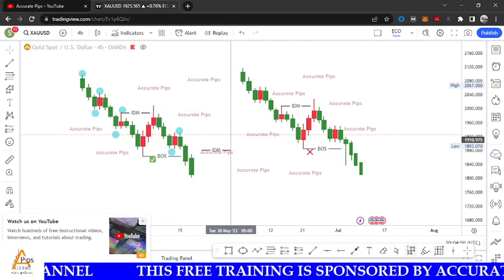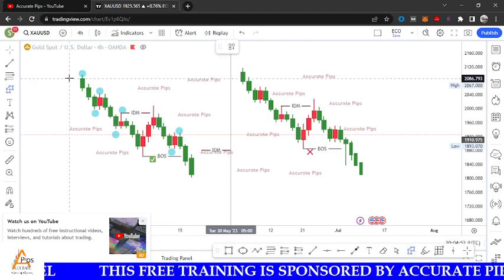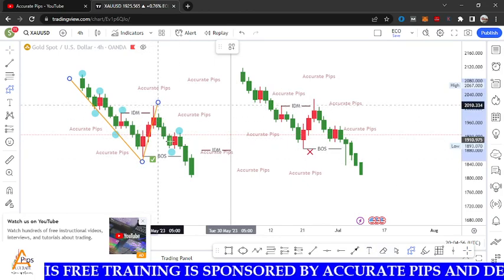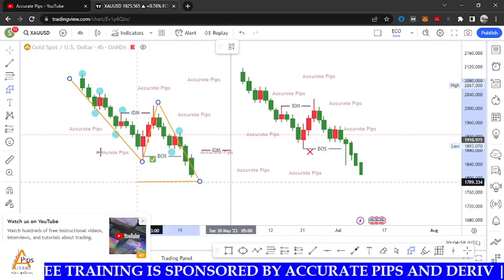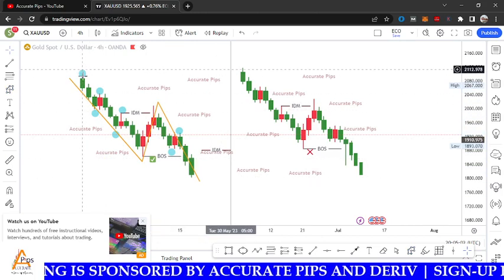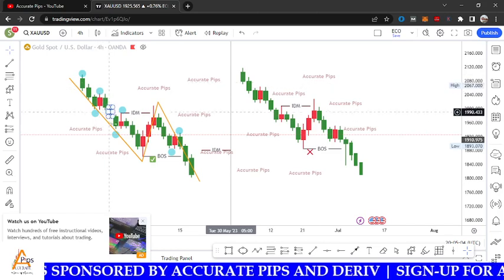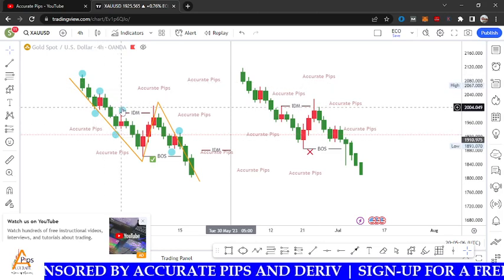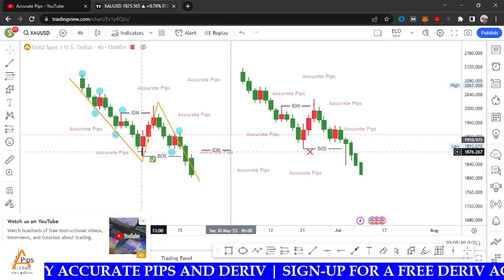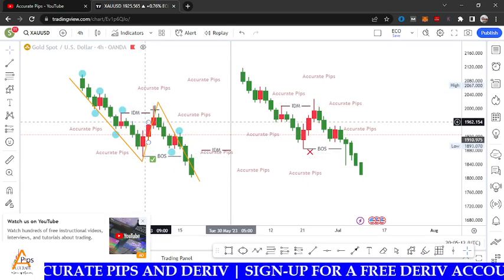So in terms of structure, this will be our main structural move in this market. But in terms of candlesticks, these are our movements from here to here, here to here, this side to this side, before we had our structural move.